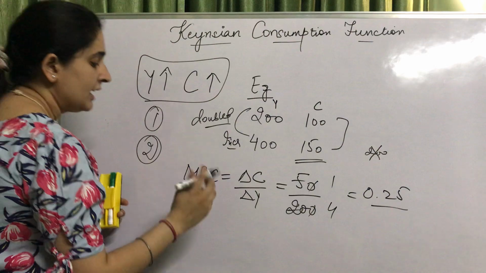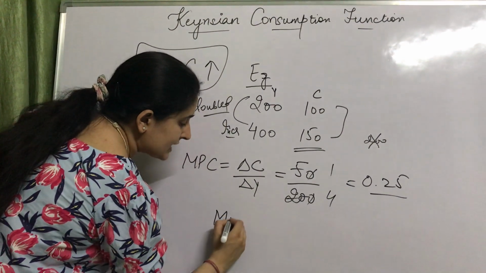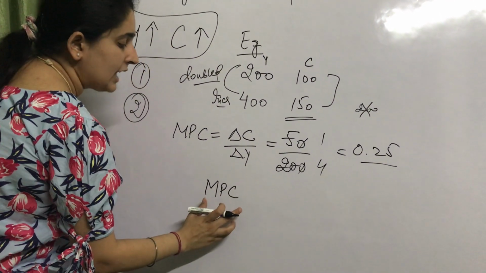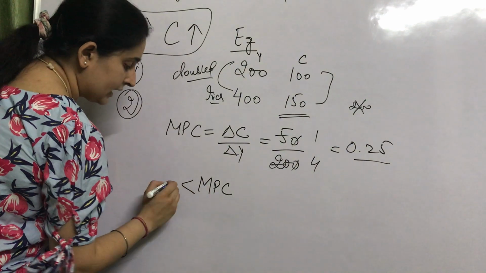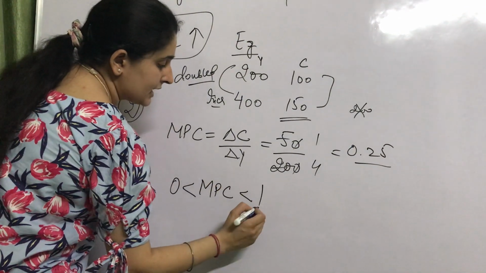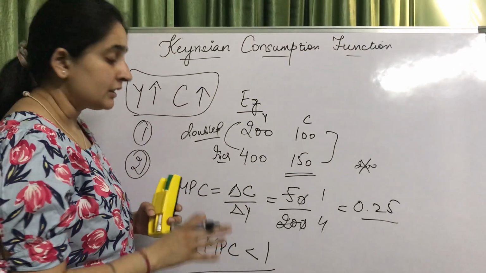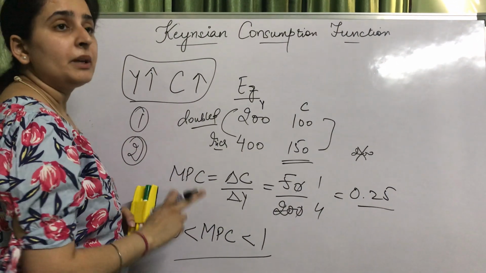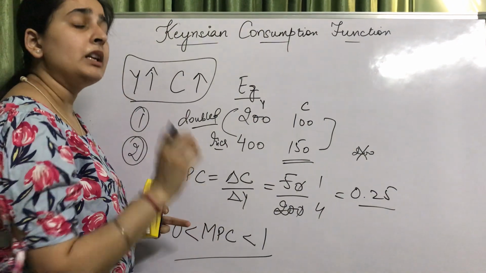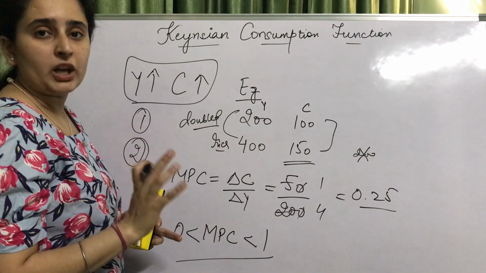So he says that the value of MPC will always be greater than 0, but less than 1. What does this mean? This means when there will be a change in income, there will definitely be some change in consumption.